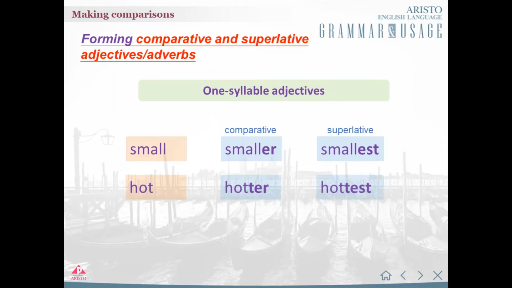However, sometimes we need to double the final letter of the word before adding er or est. For example, when changing the adjective hot. Or we can simply add r or st to the word, as is the case with the adjective nice.